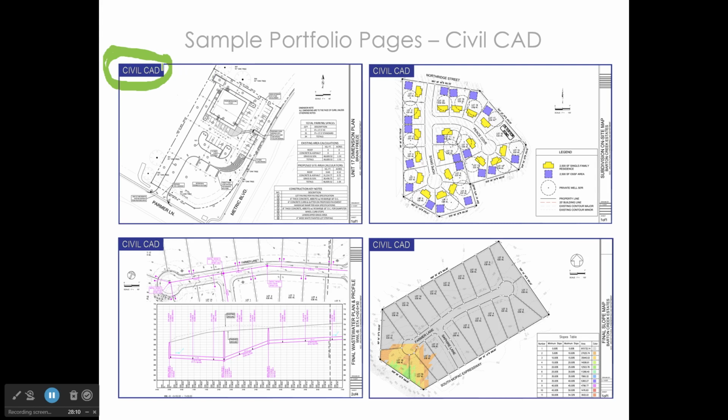But what their PowerPoint slide looked like was this rectangle in the upper left-hand corner, and then a border that went all the way around. That was on every slide. And then they did their capture of the drawing and inserted it into each border. And that's what they did on all 4 of these drawings. And I think this person had about 35 Civil CAD drawings in their portfolio.